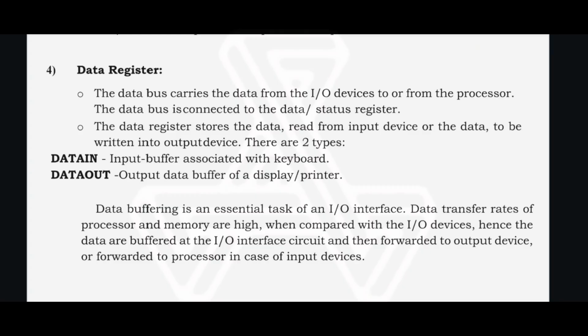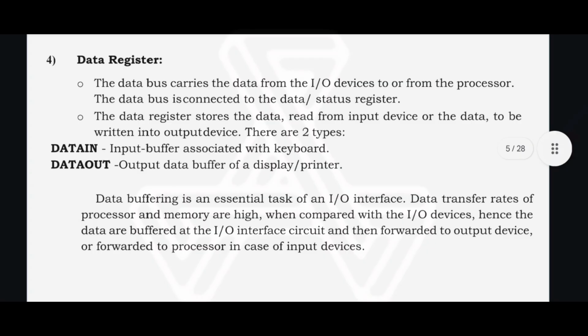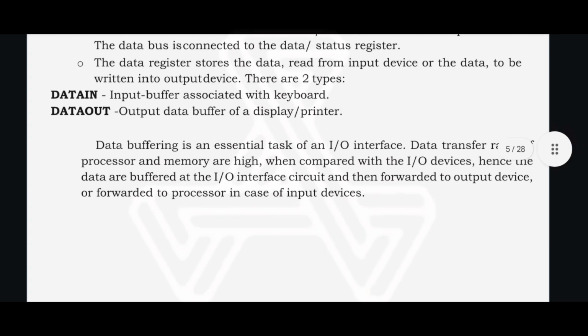The data register stores the data read from the input device or the data to be written onto the output device. There are two types: data in, the input buffer associated with the keyboard; data out, the output data buffer of the display or printer. Data buffering is an essential task of an IO interface.